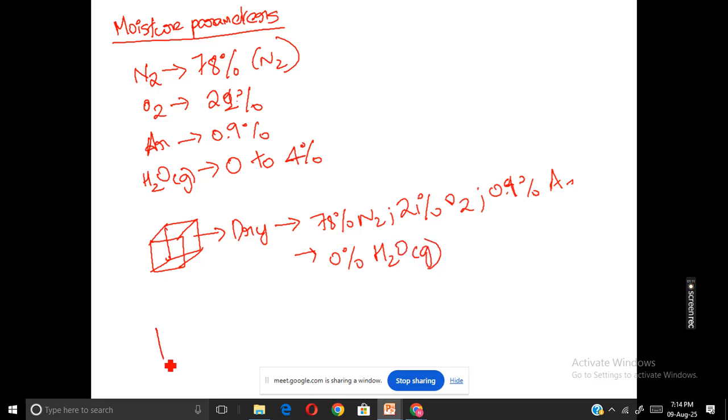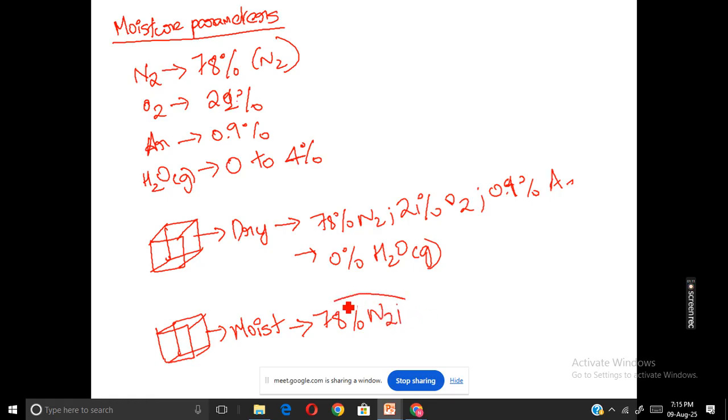Okay. Now consider that I am taking a moist air parcel. So this is dry. Suppose I am taking a moist air parcel, then the composition kind of varies.